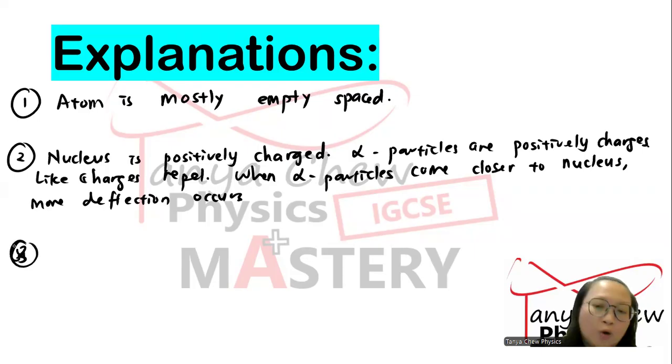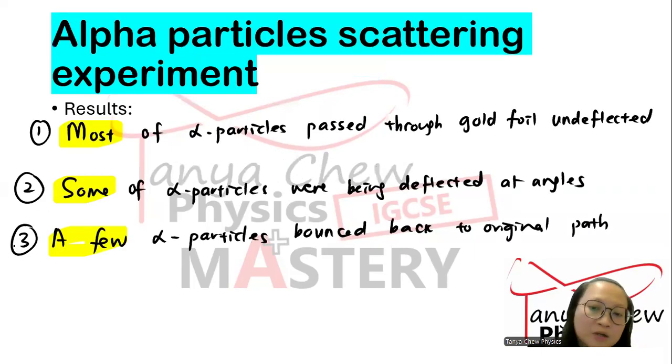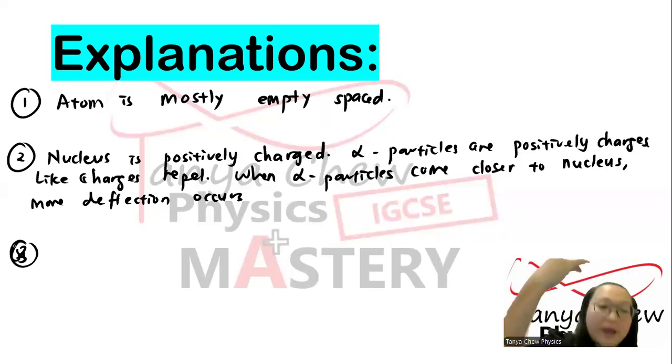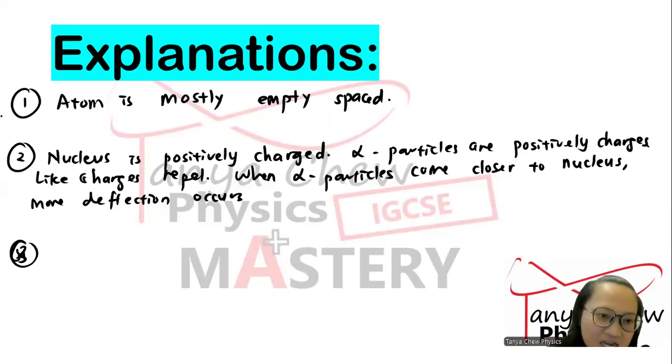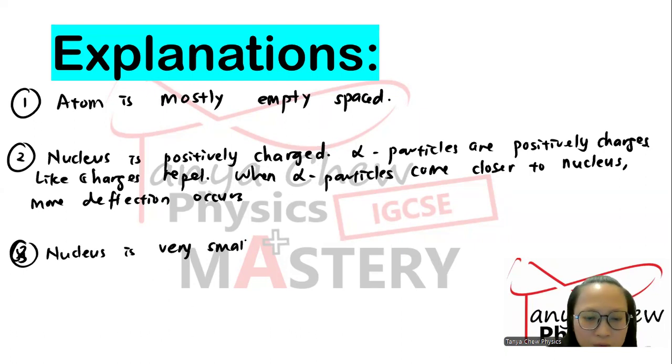The third one, why do a few alpha particles bounce back to the original path? That means reflect back, right? It is because the nucleus is very small and dense. You have to mention dense. Because alpha particle is a big particle. If the nucleus is less dense as compared to the alpha particle, then the nucleus will be bounced off.